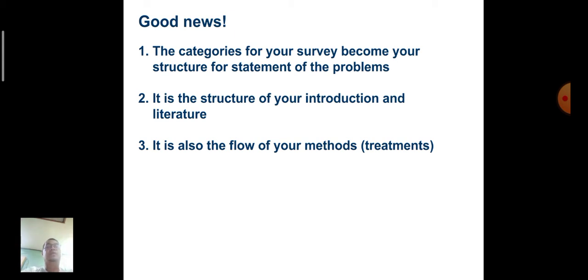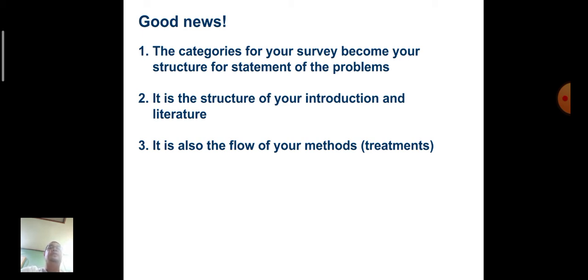It is also, second, the structure of your introduction and literature. So the instrument that you have is also the structure of your introduction and literature, no? So it also is the flow of your methods and treatments or statistical treatments, sampling and population, and even to the extent of doing some other parts of the methods, no?